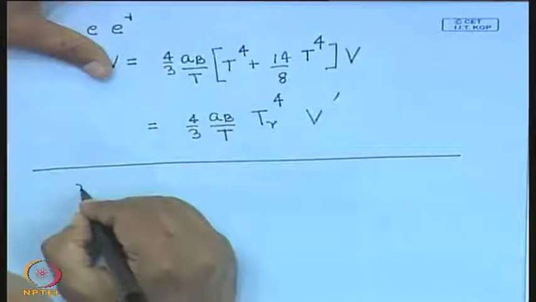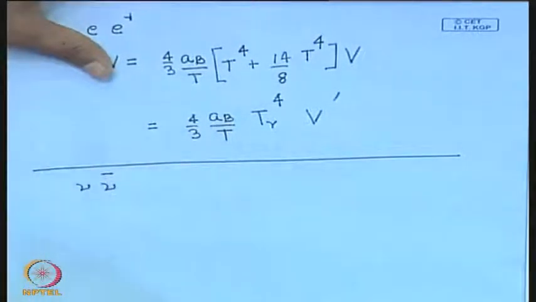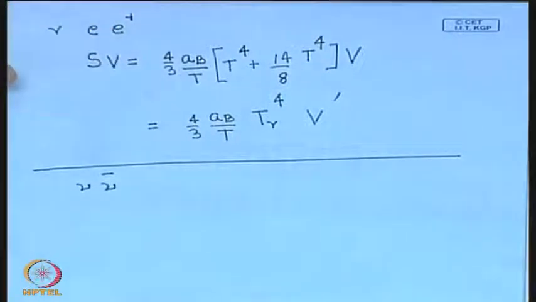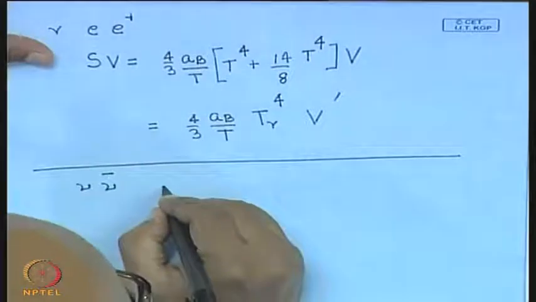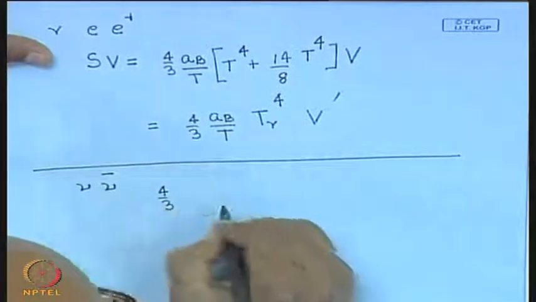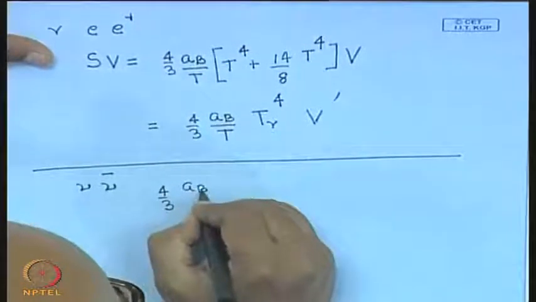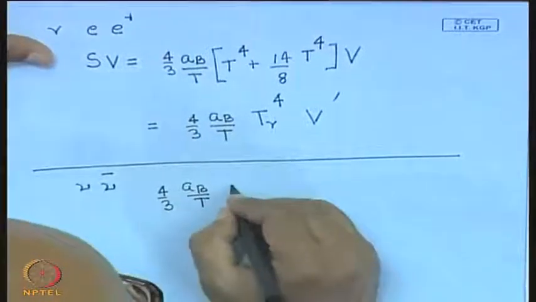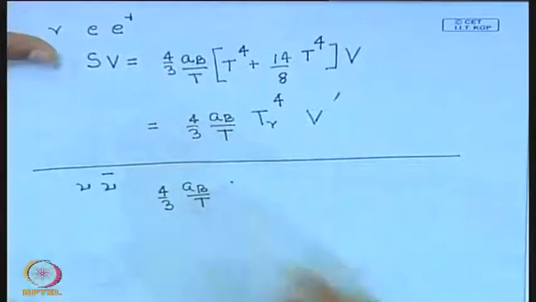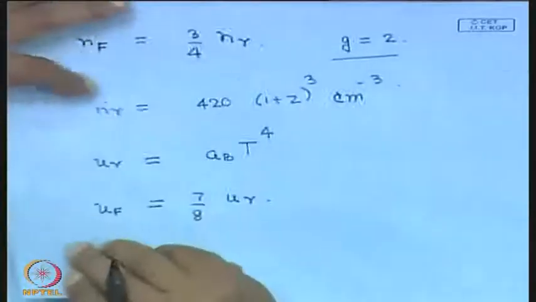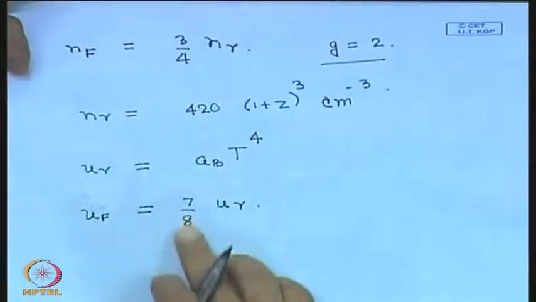Let us now also consider the neutrinos. The entropy of the neutrinos, again we can calculate in the same way. It is 4/3 AB by T, and we have 7 by 8.